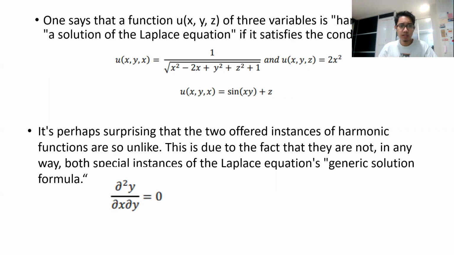It's perhaps surprising that these two offered instances of a harmonic function are so unlike. This is due to the fact that they are both particular instances of the general solution formula of the Laplace equation, which is curly d squared u over curly dx curly dy equal to 0.